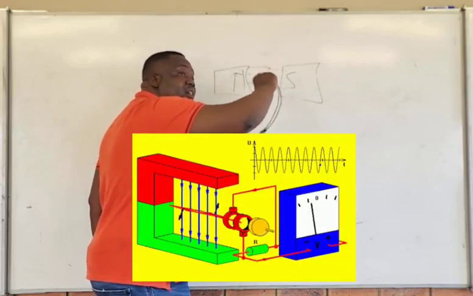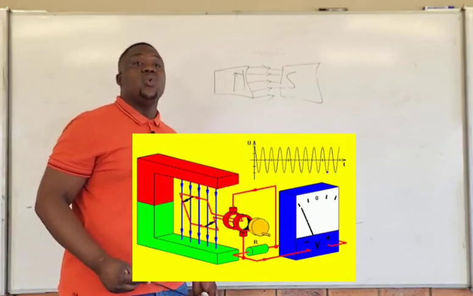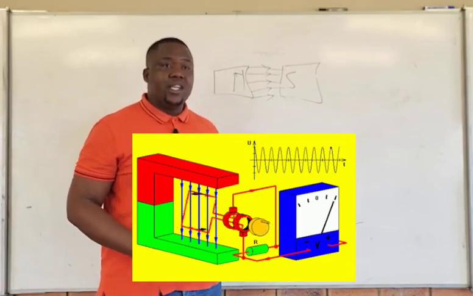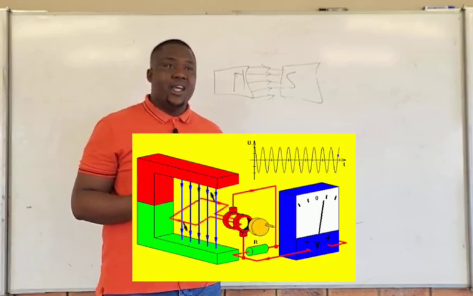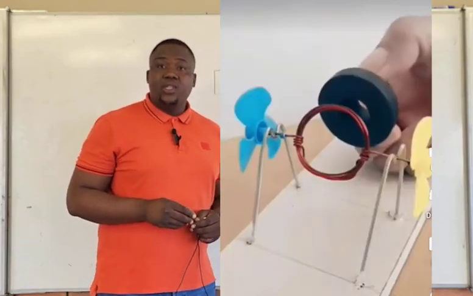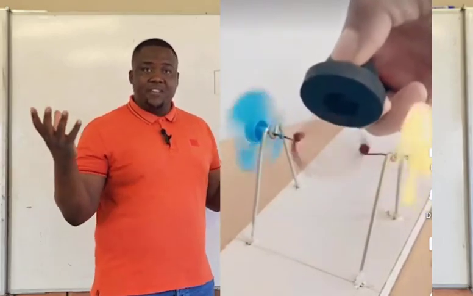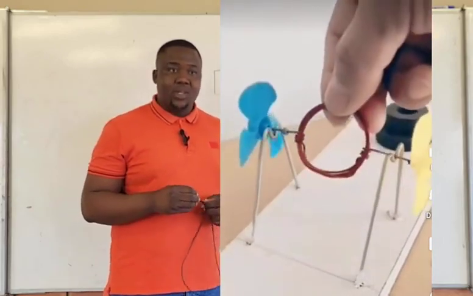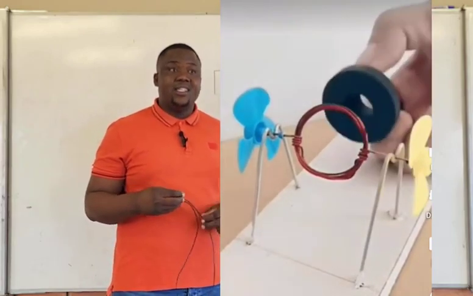When you move it in between the magnets, this thing can happen even at home. The problem is that you may not have an ammeter to measure the current that is going to be produced. Myself, I do have ammeters because I have a science lab. So I've done it. I see it is real.